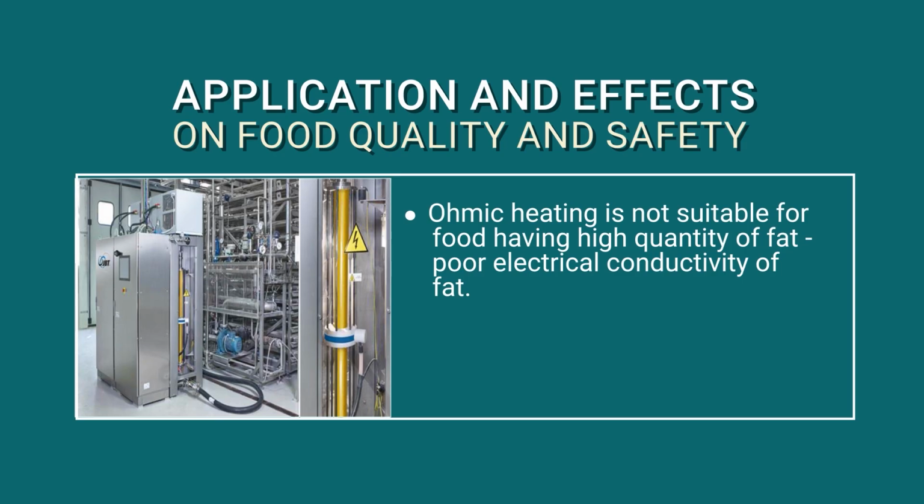You can heat soups, stews, syrups, or sauces more uniformly and rapidly. Heating during ohmic heating is very rapid and homogeneous, which retains better quality, color, aroma, and sensory appeal.